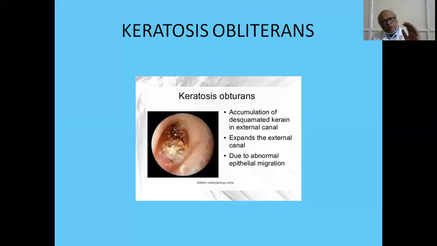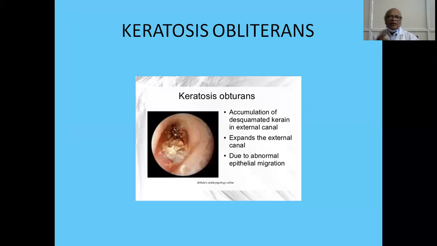The desquamation takes place as usual, like elsewhere in the body, but the desquamated cells are carried centrifugally outside without our knowledge. In keratosis obturans, there will be excessive desquamation of the cells with poor migration.